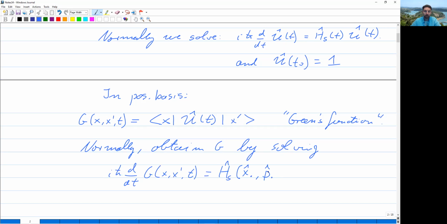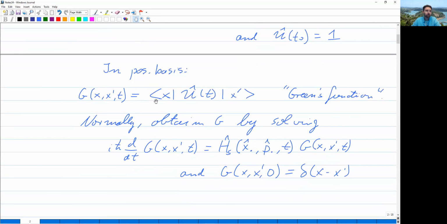Remember that this p hat is minus i h bar d by dx, acting on G of x, x prime of t. And the initial condition, G of x and x prime and t is equal to delta of x minus x prime when the t is 0 at the initial time. This is just translated into the position representation, what we had up here for the time evolution operator. All of this you are familiar with.